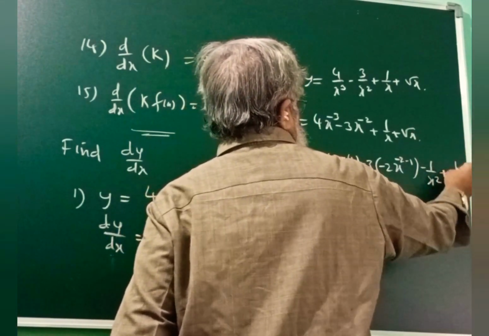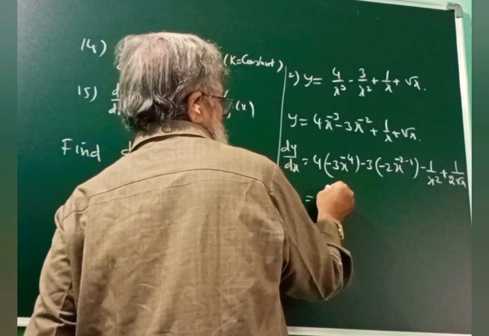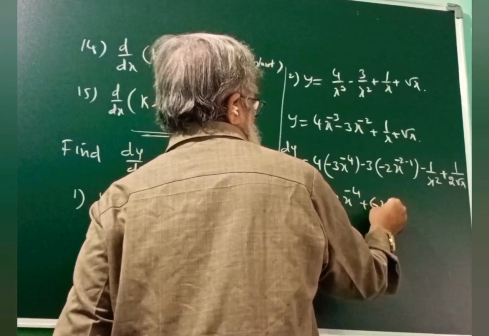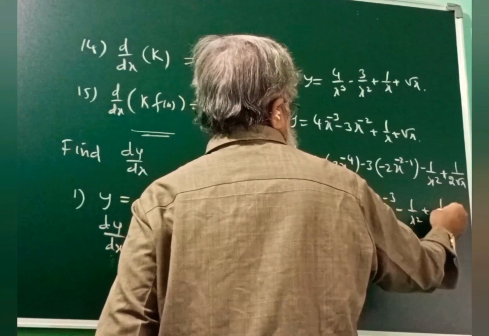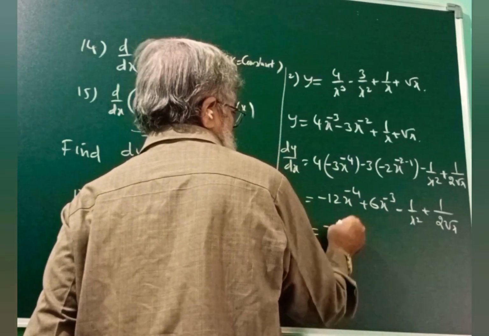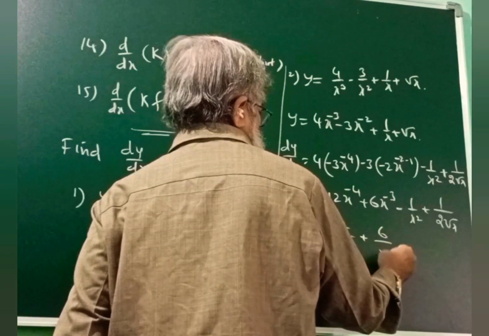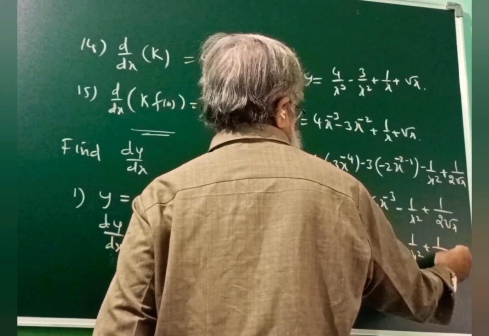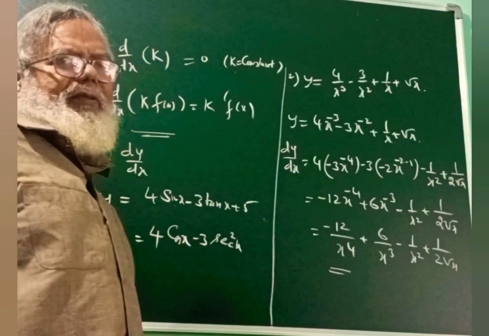Differentiation of root x is 1 by 2 root x. So we get minus 12 x raised to minus 4 plus 6 x raised to minus 3 minus 1 by x square plus 1 by 2 root x, or we can write this as minus 12 by x raised to 4, plus 6 by x cube, minus 1 by x square, plus 1 by 2 root x, which is the required derivative for this function.